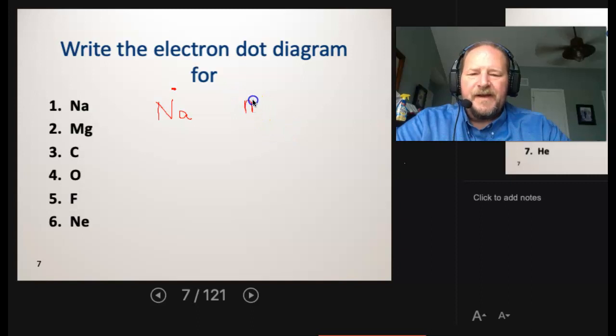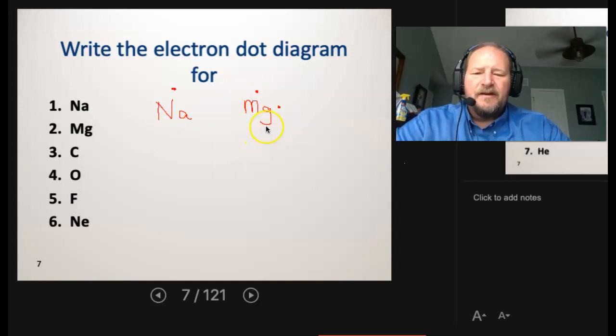For number 2, we have magnesium. Magnesium's in group 2A, so I'm going to have 2 dots. Now again, you can have your 2 dots anywhere you want around the magnesium as long as they're not together. Carbon is in 4A, and your carbon has to look very much like my carbon. So we have 1, 2, 3, 4.